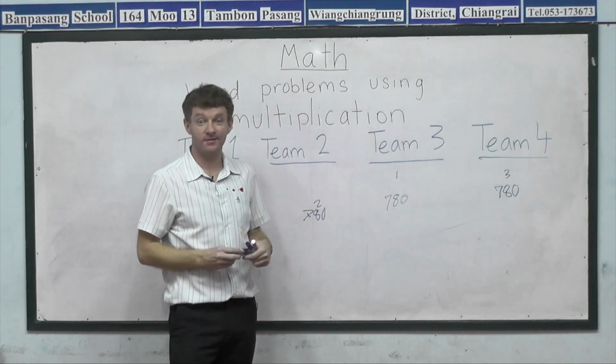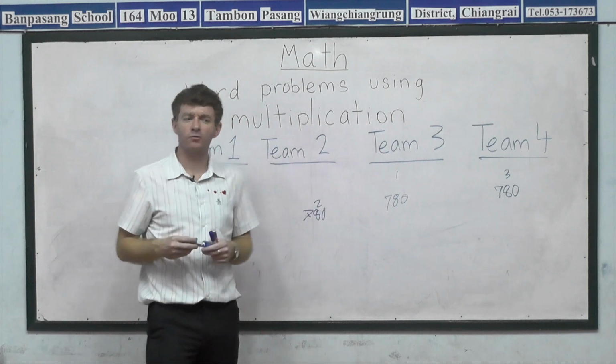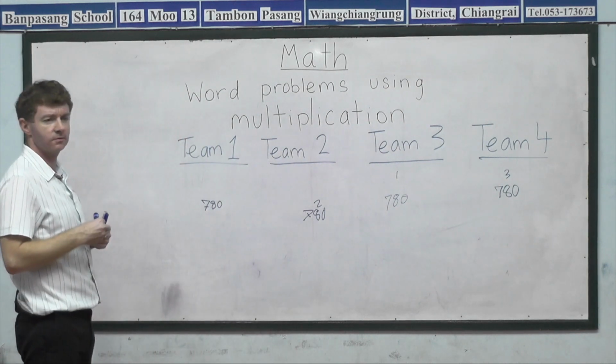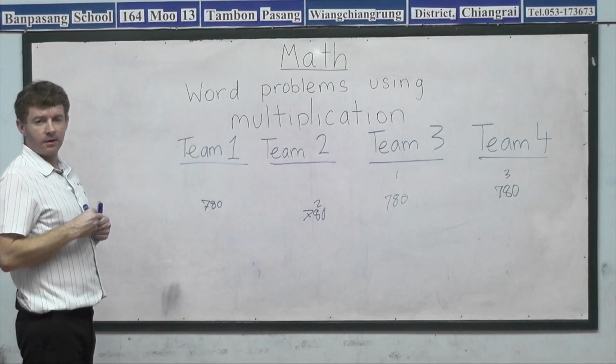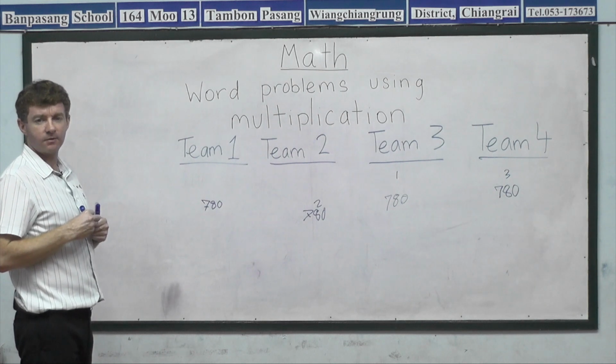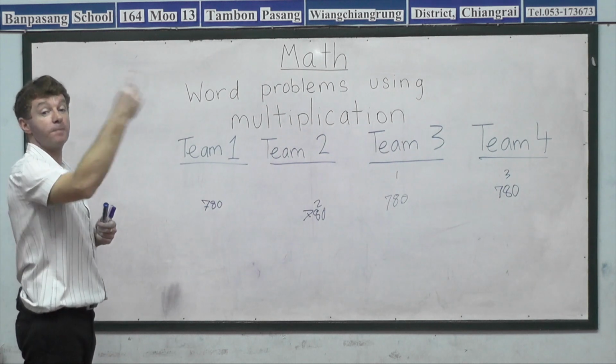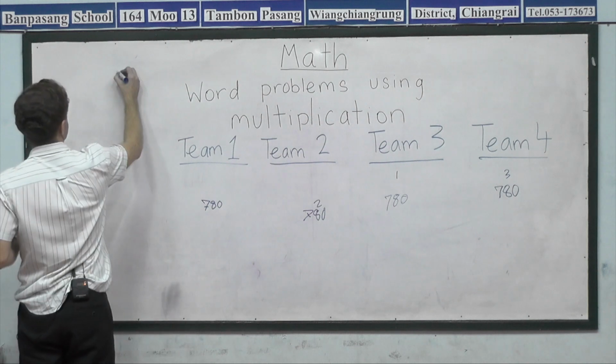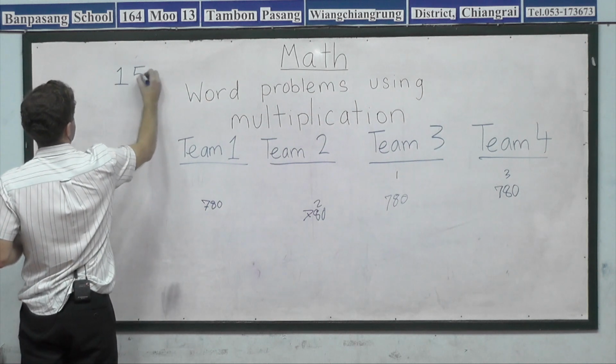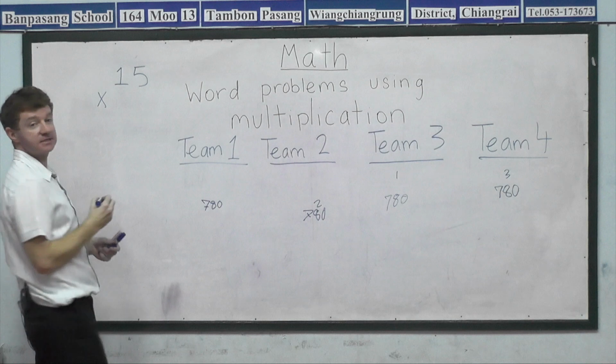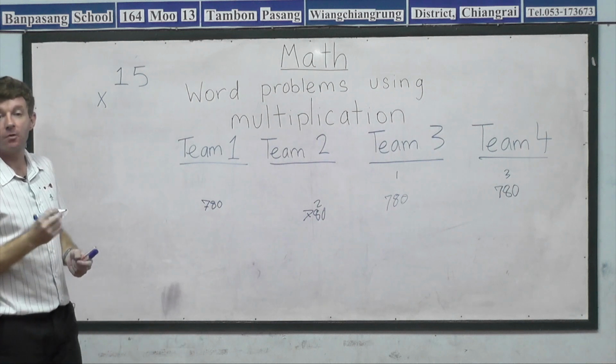So we'll see. How did we get the answer 780, guys? What did we do? 15 times 52. That's right, the boat goes backwards and forwards 15 times a day. How many passengers on each time? 52.